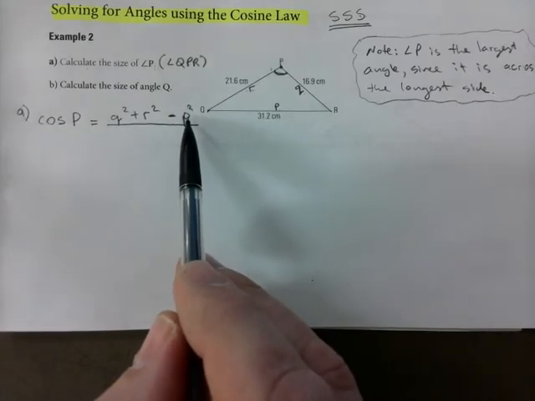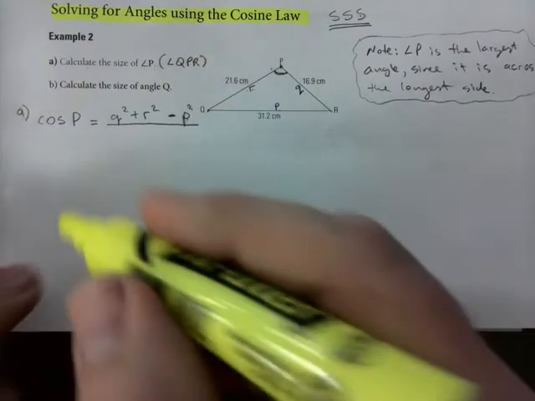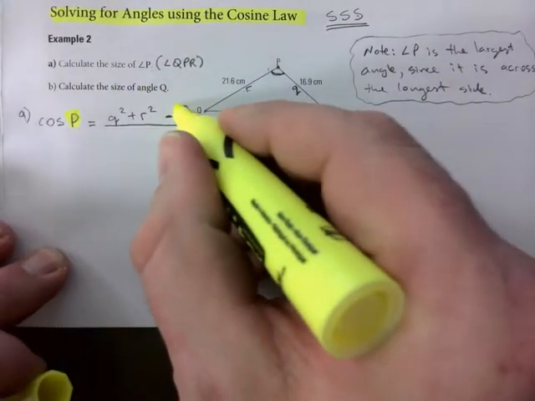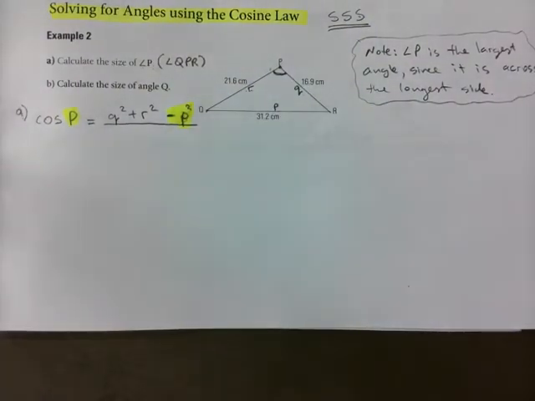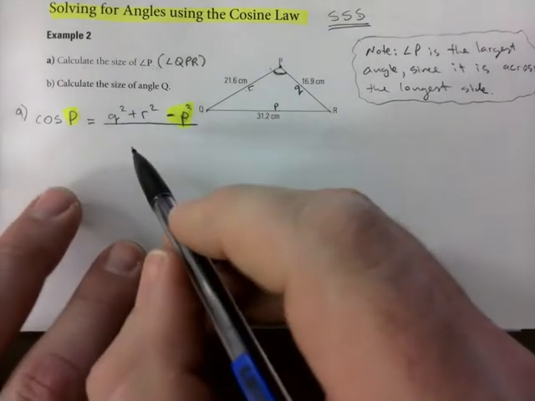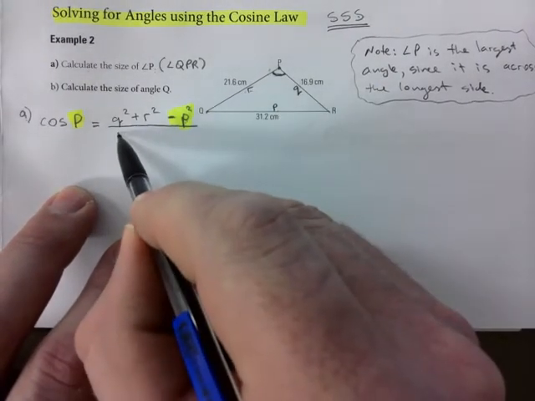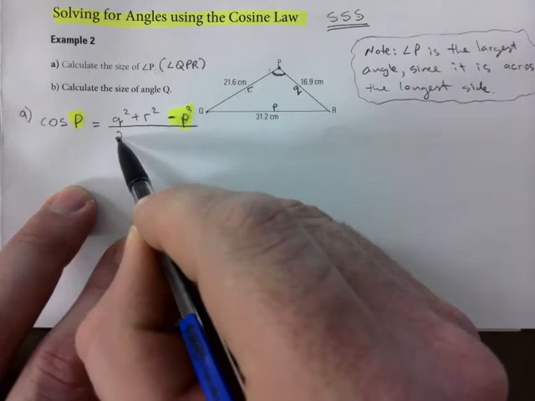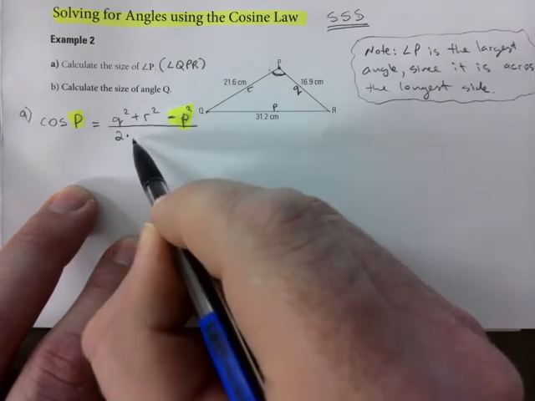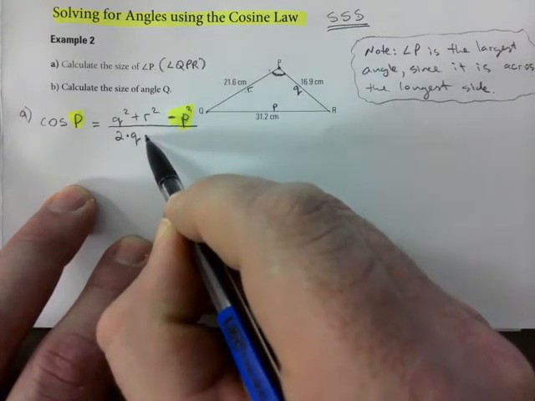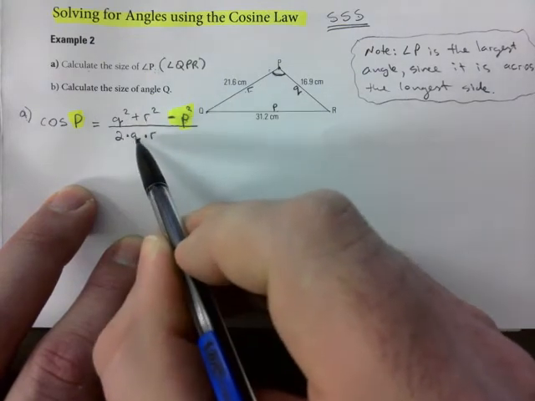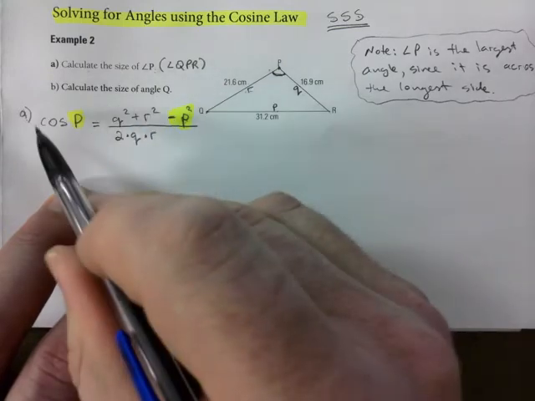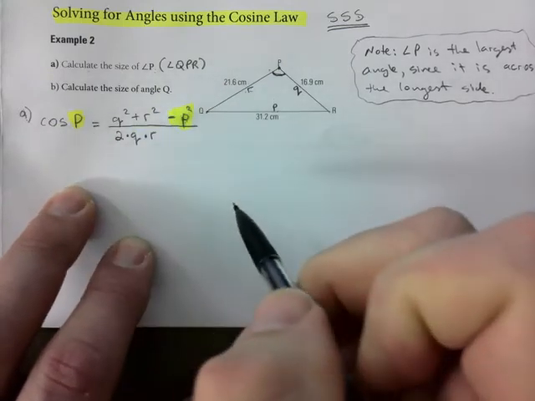That's the only time it shows up. If you have a highlighter, I would do something like that. And then in the denominator, watch this. It's 2 times q, the first one here, just to help you remember, times r. So q and r come back down here. This is the initial setup for cosine law.